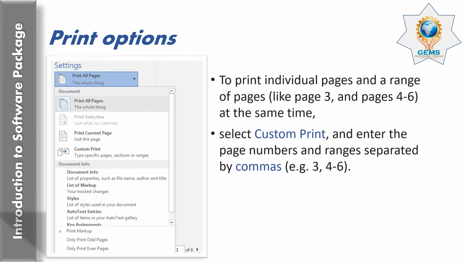To print individual pages and a range of pages at the same time: for an individual page like page 3, you can just give the page number 3. For a range of pages, if you want to take 3 or 4 continuous pages, like page 4 to 6, you can give 4 to 6 in that particular area and click the Print option.